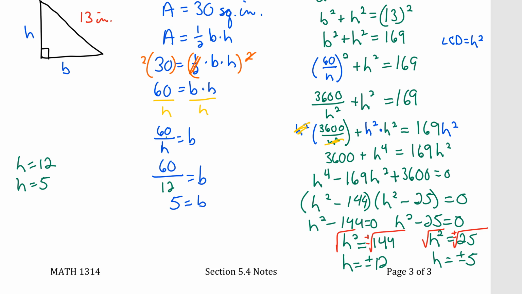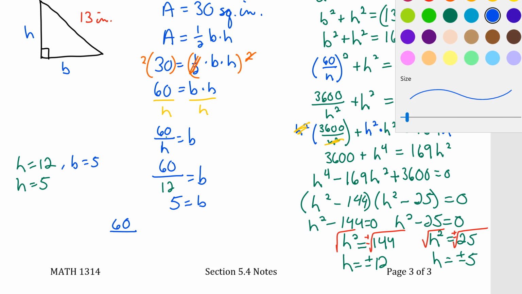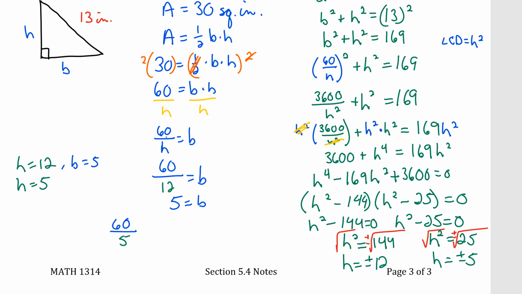So when my height is 12, my base is 5. You kind of already see the pattern here, but let's go ahead and do 60 divided by 5 is equal to my base. Well, 60 divided by 5 is 12. So my base is 12. Height is 5 when the base is 12.